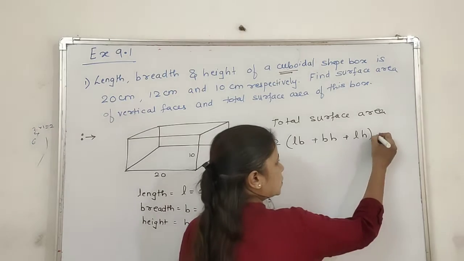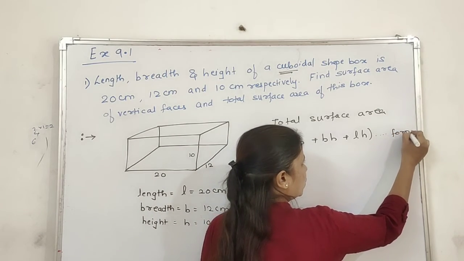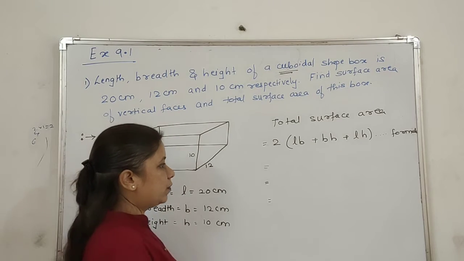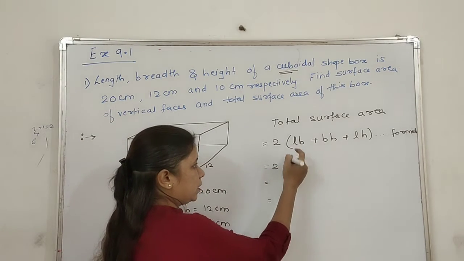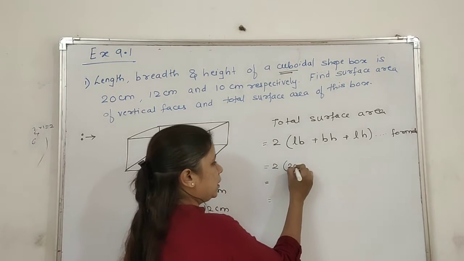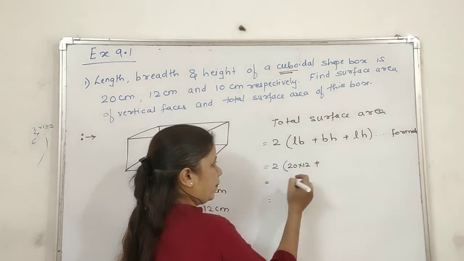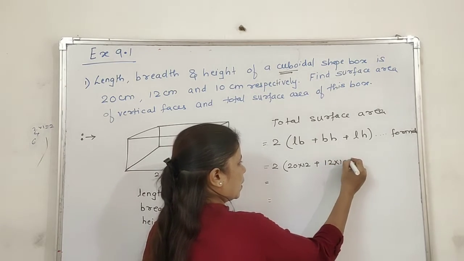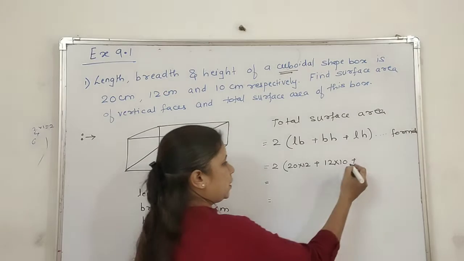Okay, so this is the formula for total surface area. Now we will just fill the values here. LB, length, breadth. So 20 into 12 plus 12 into 10 plus 20 into 10.